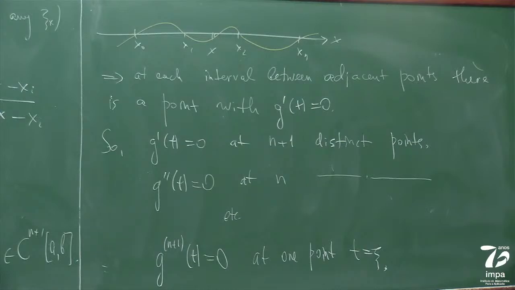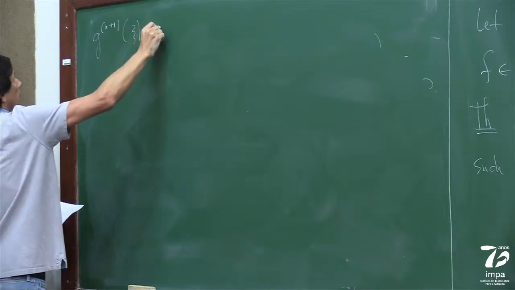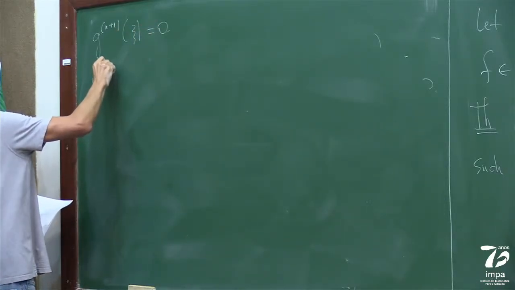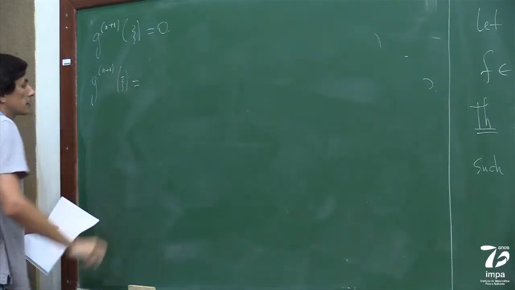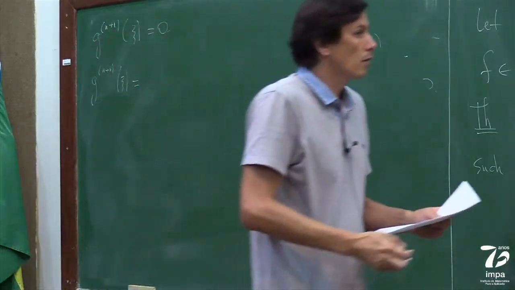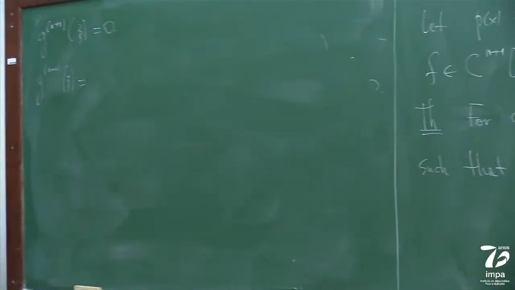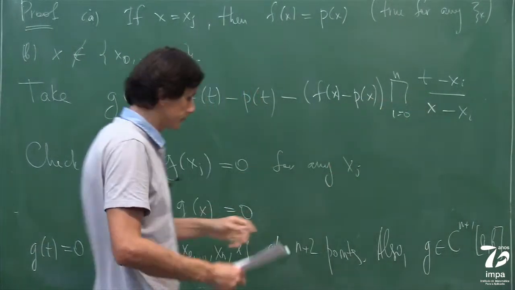So we have g^(n+1)(psi) equals 0. So this is derivative with respect to t from this expression. So we differentiate this term and this term.